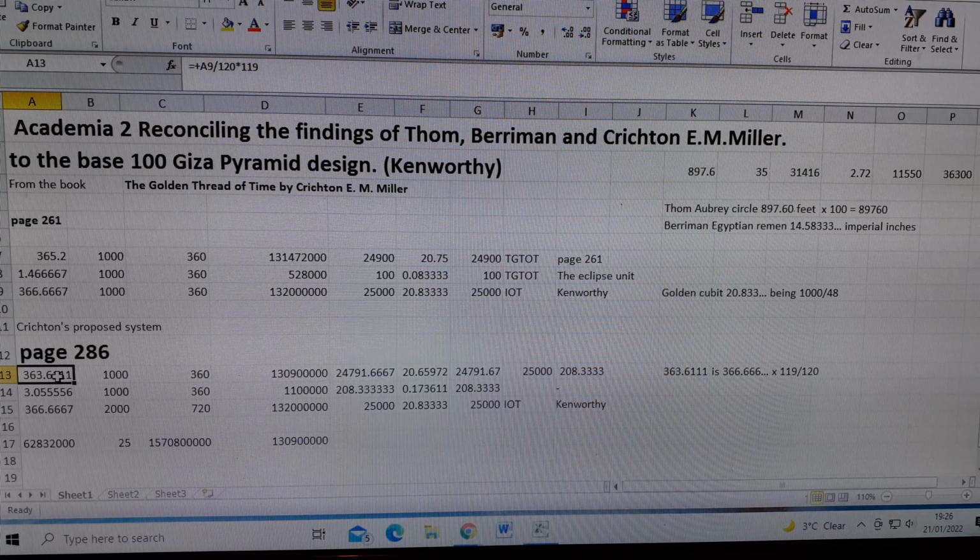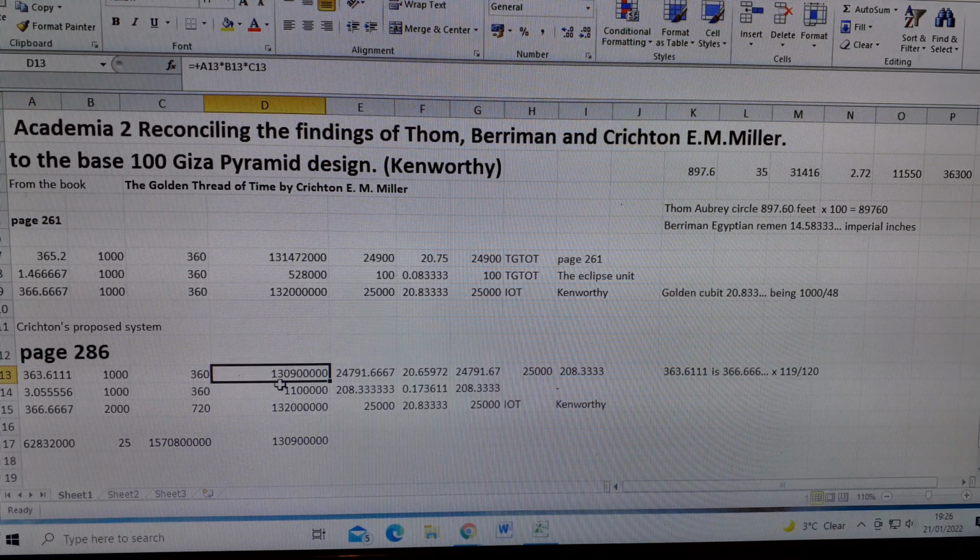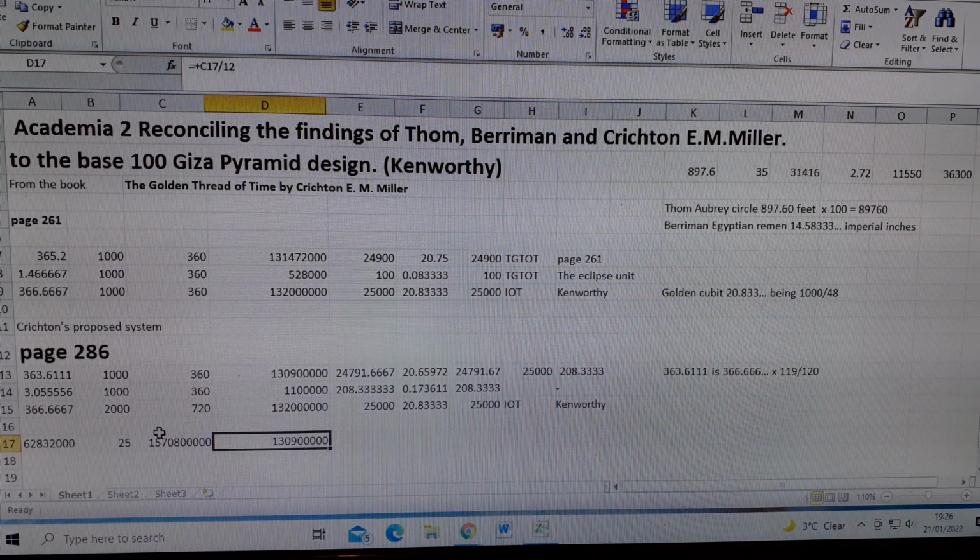And that gives us 363.6111 recurring solar days, and we multiply that out and we get this 130,900,000 here that we've just been through, that absolutely agrees with Crichton's suggestion as the circumference that they were working to.